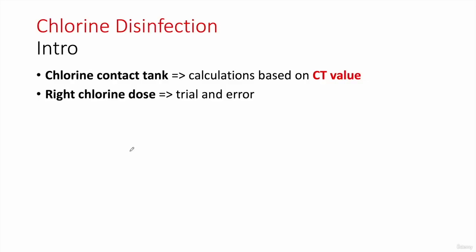We have already seen the importance of chlorine as a very powerful chemical to disinfect water from pathogens, and also that it comes in three main forms: the liquid form, the gas, and the powder form.